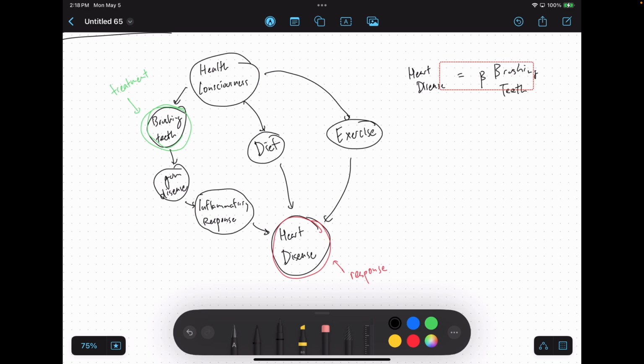Okay. So if you were to include either gum disease or inflammatory response into that equation, you would actually close the path, and you are no longer able to distinguish the isolated effect of brushing teeth on heart disease.